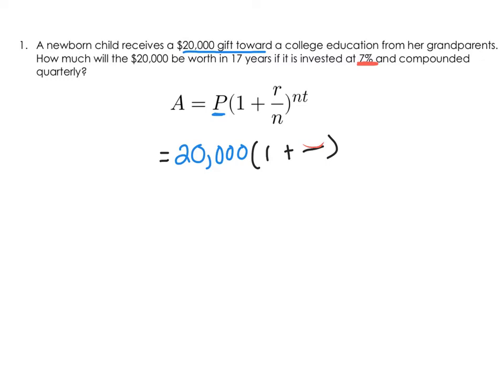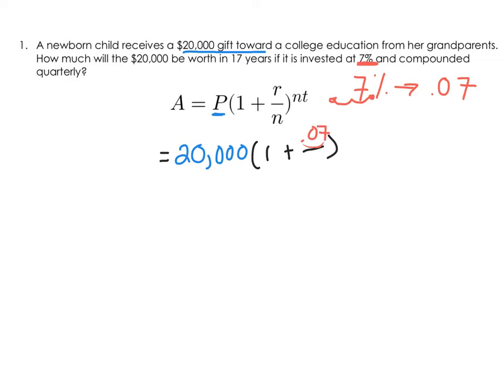To change a percent into a decimal, you divide it by 100, or you move the decimal point over 2 times. So as a decimal, it's 0.07. Again, you can think of it as 7 divided by 100, which is also 0.07. So we're going to plug in 0.07 here.